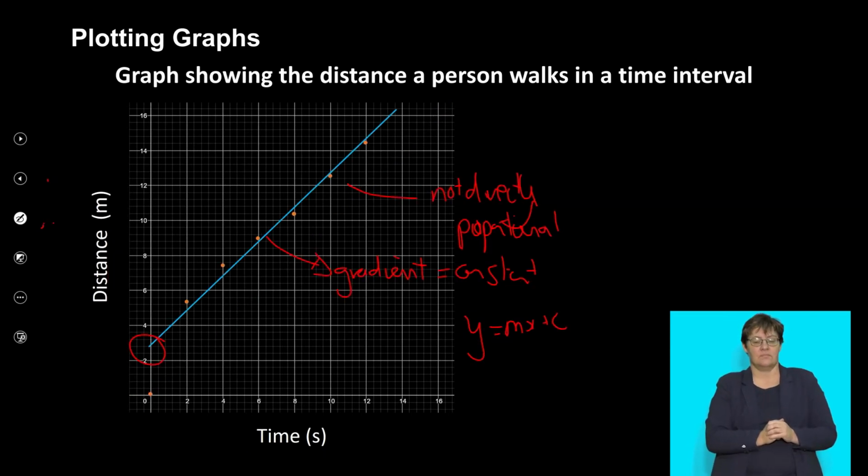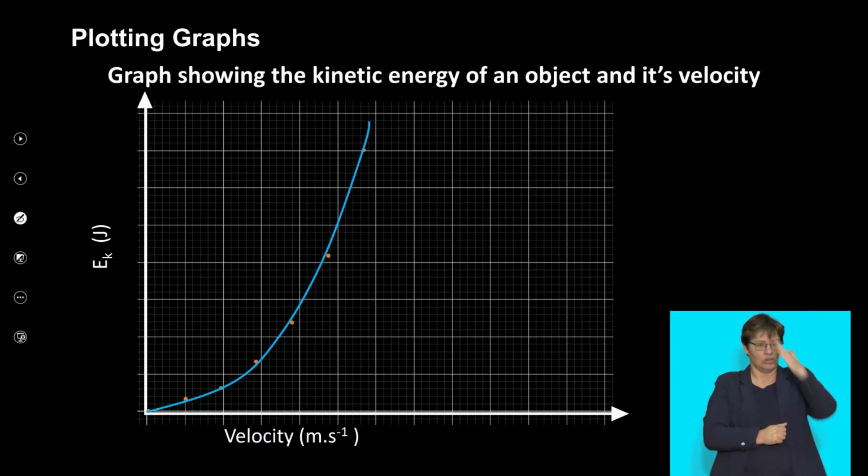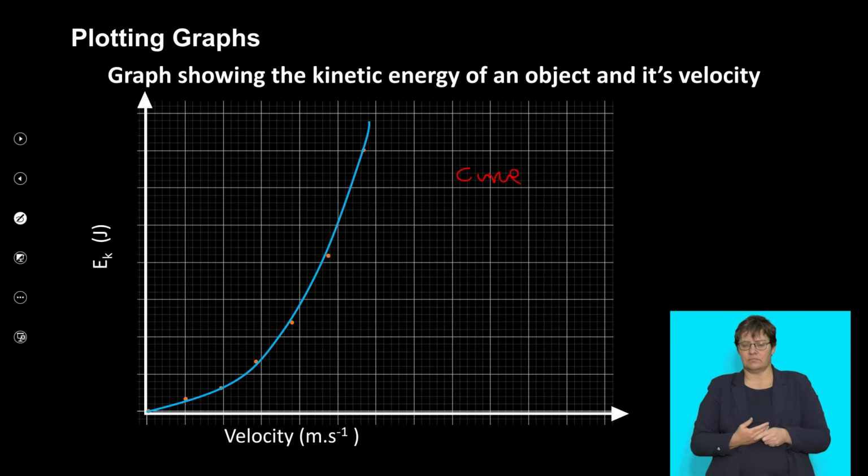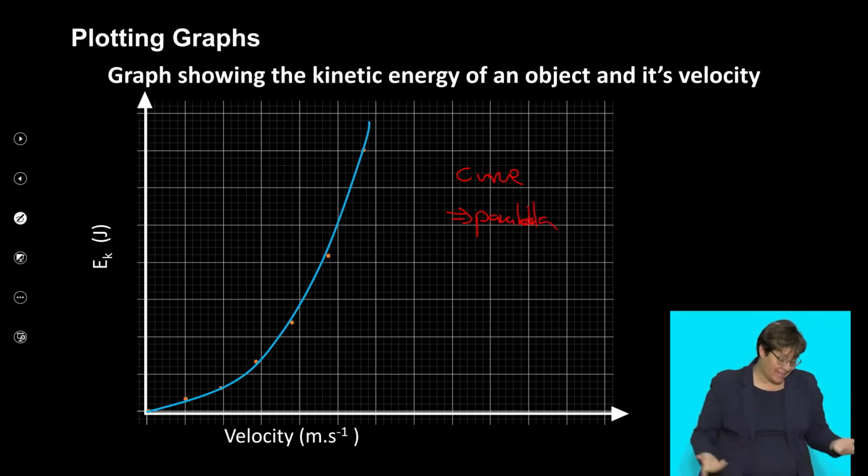So those ones had straight lines, but what happens when you get one that is a curve like this? Very clearly this is a curve, and it looks to me a bit like a parabola, or part of a parabola. Sorry, my spelling's not very good, but we've got it.